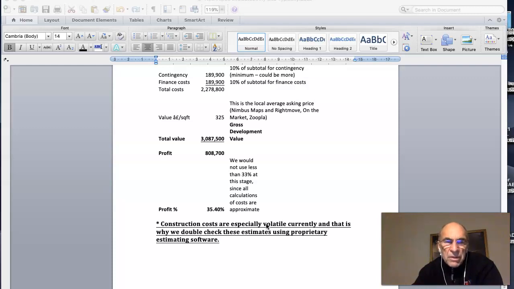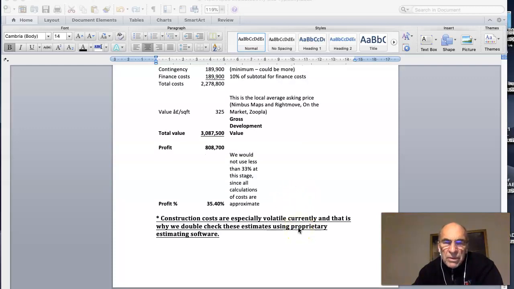We would probably also keep looking if it were 25%, but certainly any less than 25%, and we would hesitate to proceed with the development.